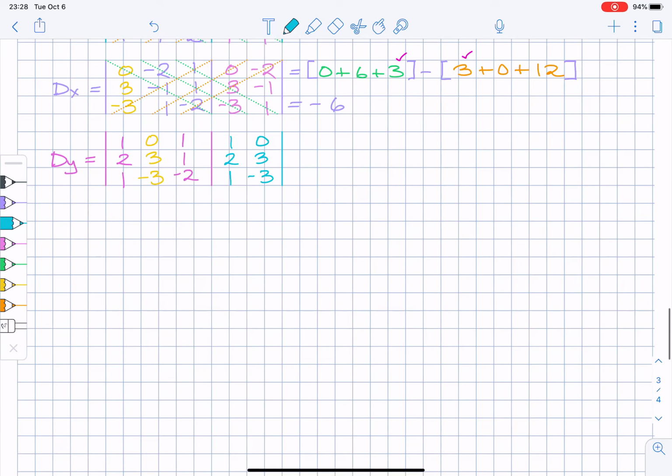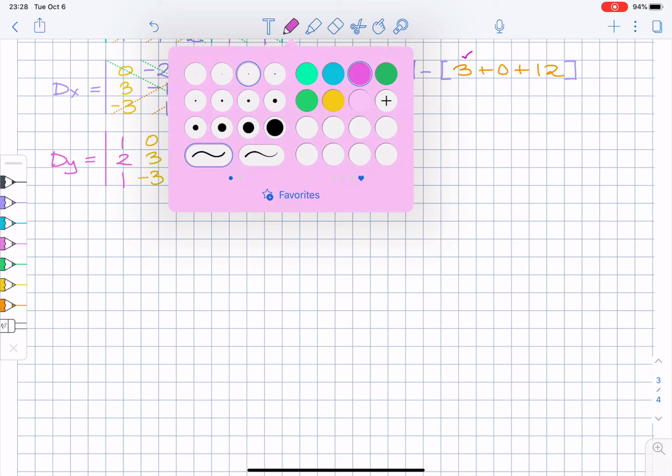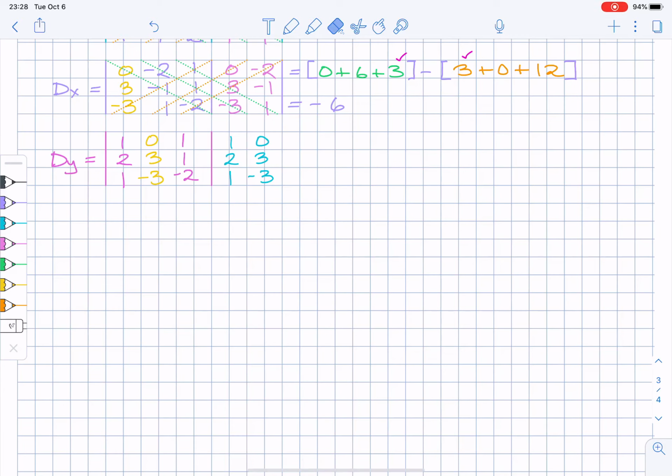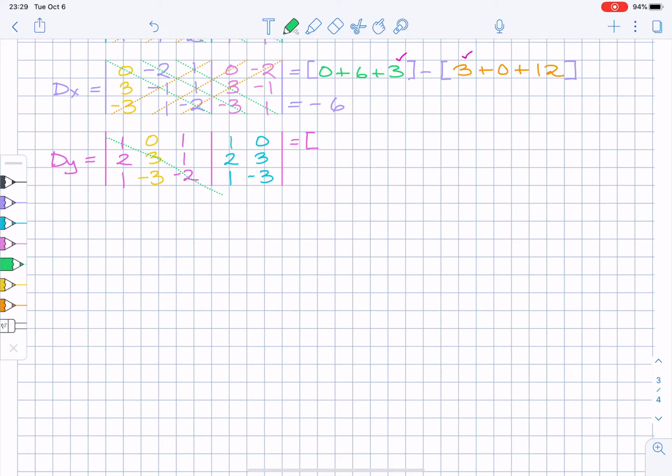Okay, so let's look at the, oops, I should have kept the color the same. This is supposed to be hot pink. Okay, so now the product of the main diagonal entries. This will be negative 6, this will be 0, and this will be negative 6.